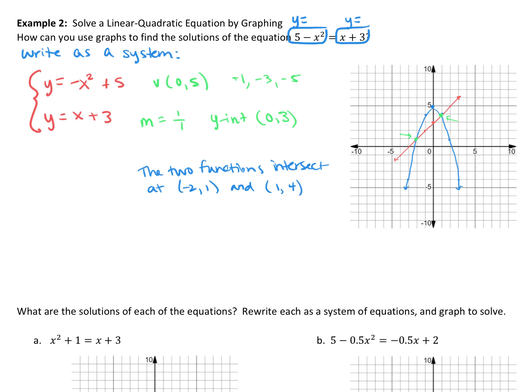If we look at the original equation, 5 minus x squared equals x plus 3, notice the original equation has only x values. So even though I got an x and y ordered pair and an x and y ordered pair that are the intersection points, it's only the x values that are going to be solutions to the equation because the original equation had only x values.